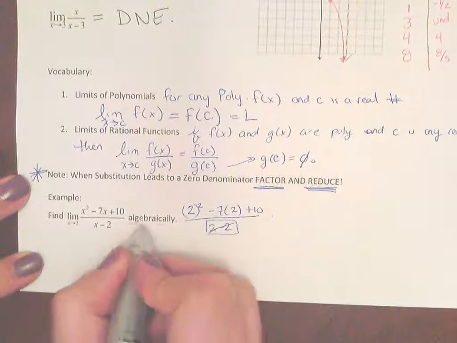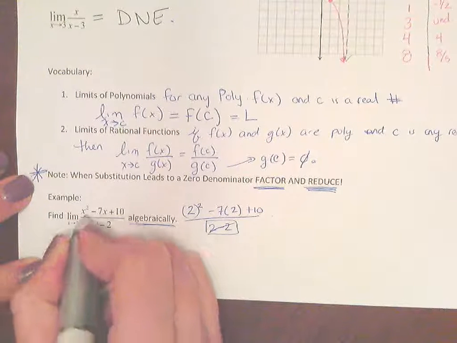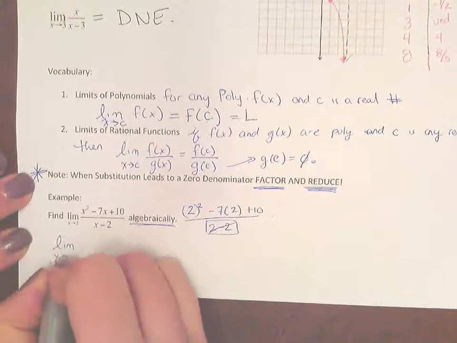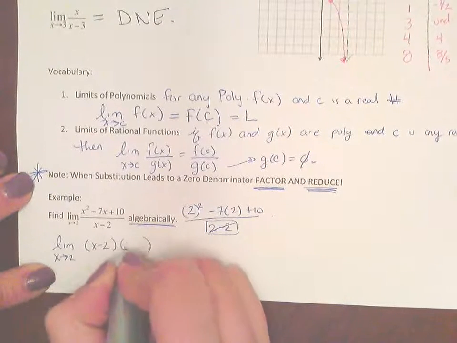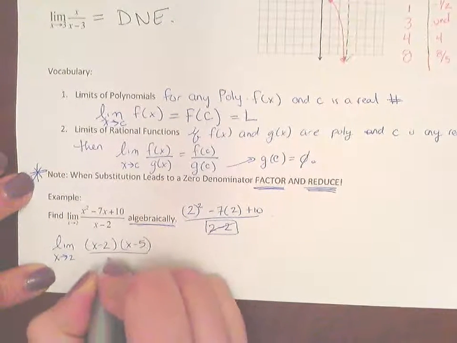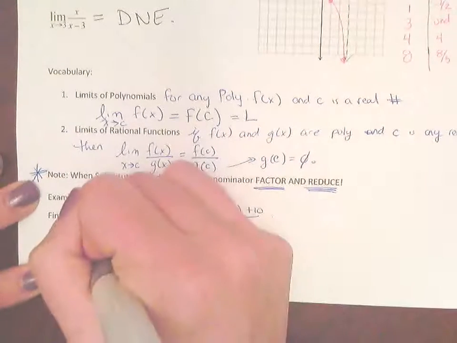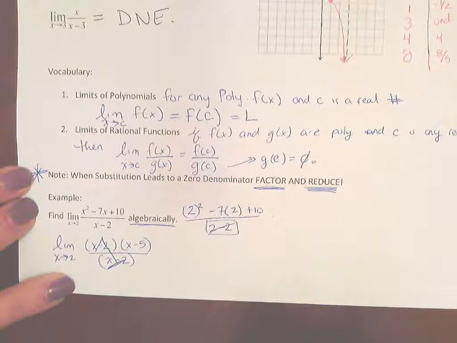But because it's asking us to find it algebraically, we factor. So let's factor the numerator. So the limit as x approaches 2, when you factor the numerator, you end up with x minus 2, x minus 5, divided by x minus 2. And you notice that these two divide out to equal 1, so they cancel each other out. And remember, from rational expressions, when factors cancel out, that means there's a hole there. Okay, so keep that in mind.